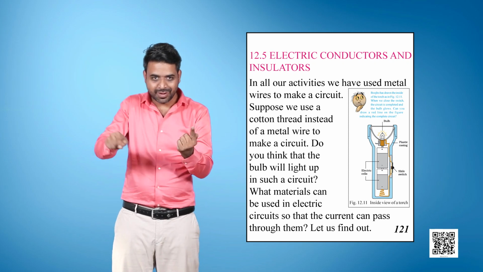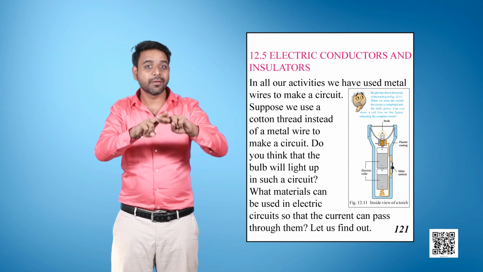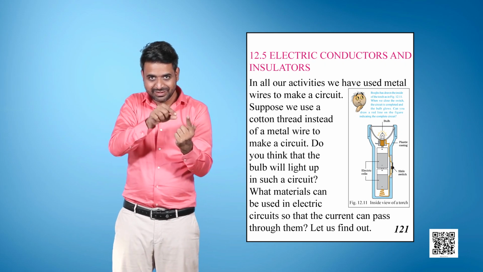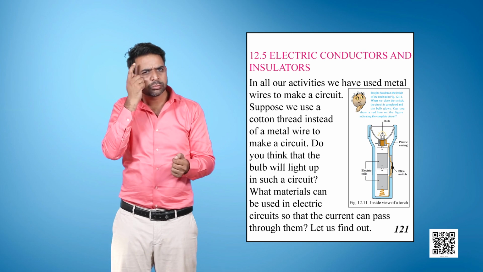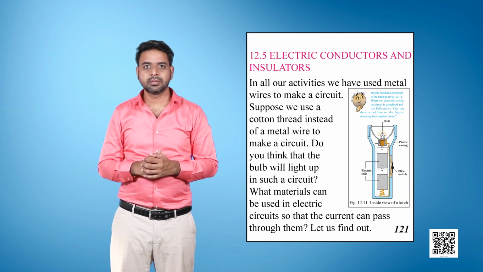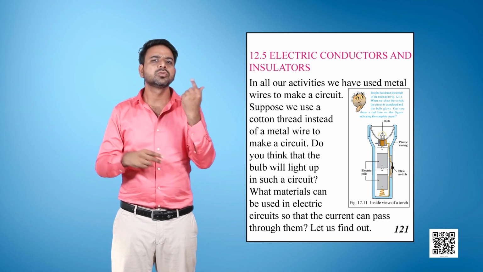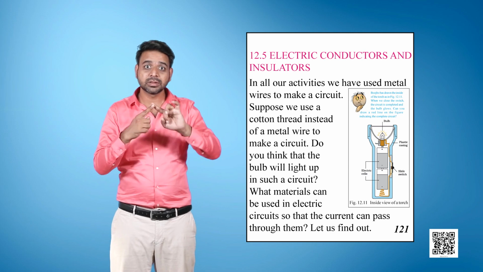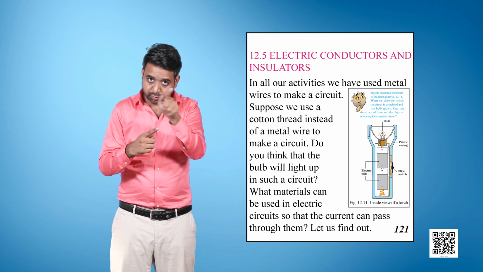Suppose we use a cotton thread instead of a metal wire to make a circuit. Do you think that the bulb will light up in such a circuit? What materials can be used in electric circuits so that the current can pass through them? Let us find out.